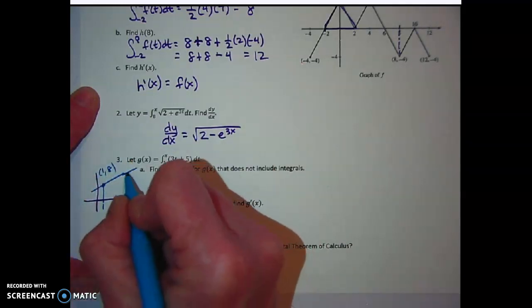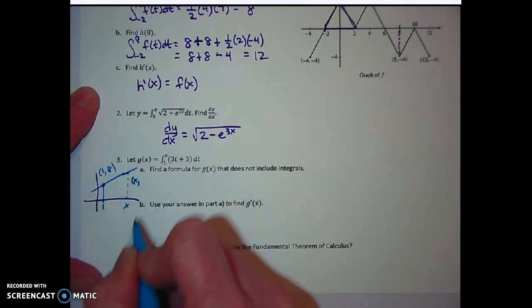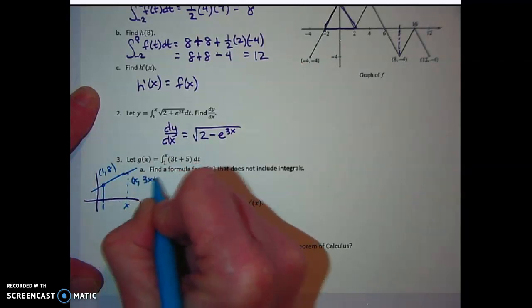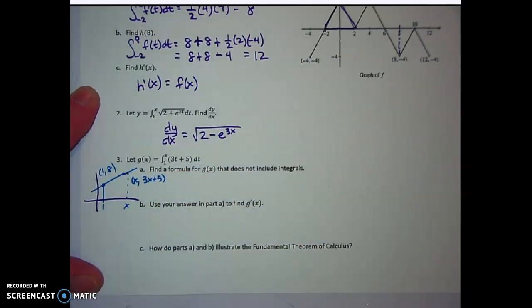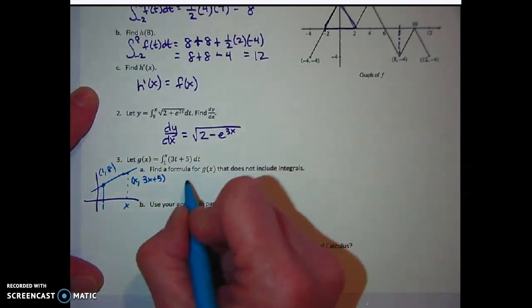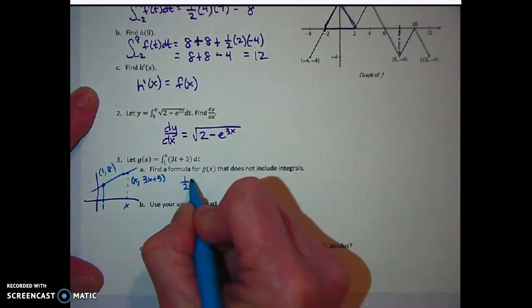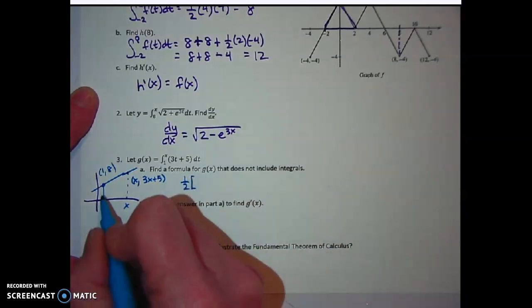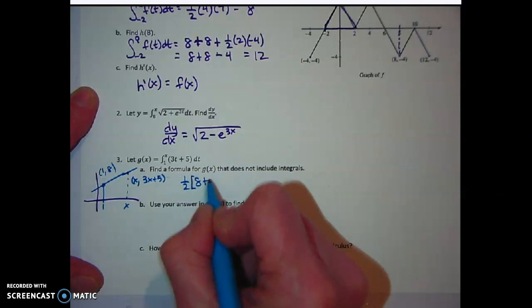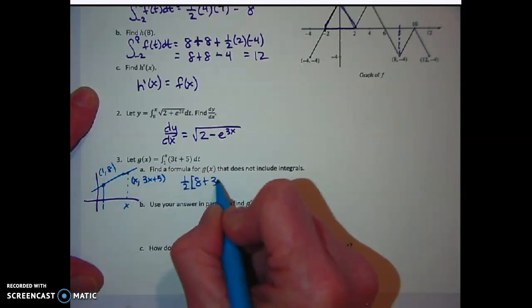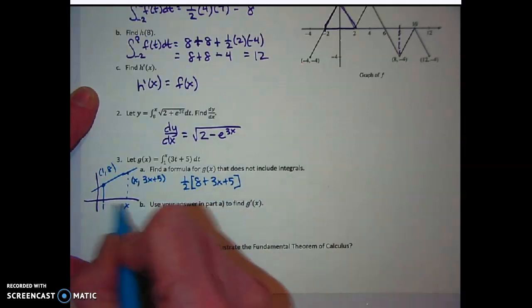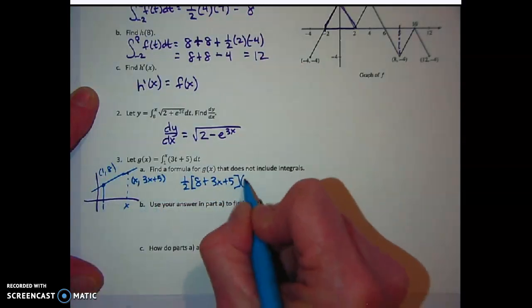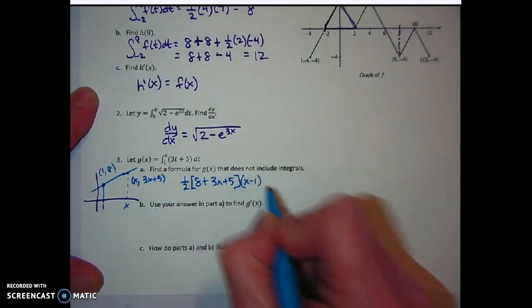And if I plug x in, then I'm going to have the ordered pair (x, 3x plus 5). In order to find the area of that region, well, that region is a trapezoid, so 1/2, my base 1 is 8, plus my base 2 is 3x plus 5, times my height of my trapezoid is going to be x minus 1.